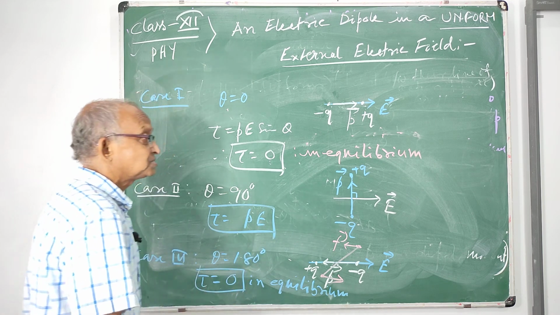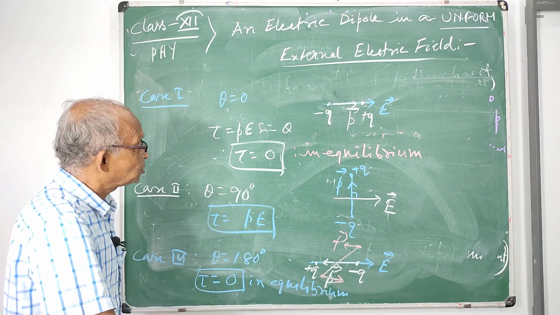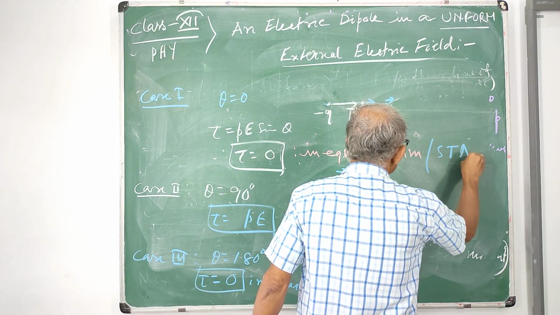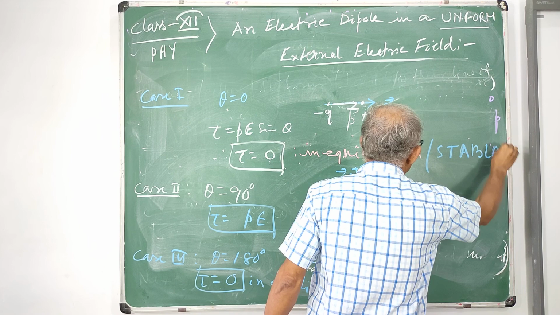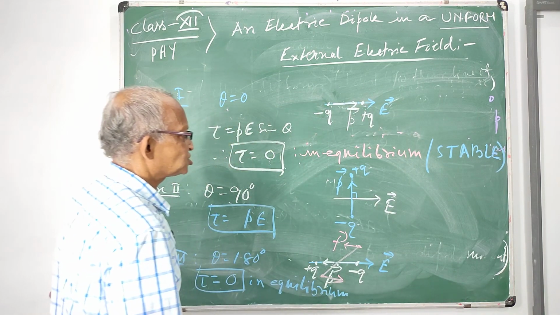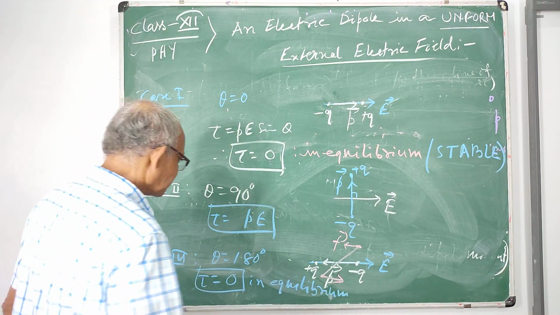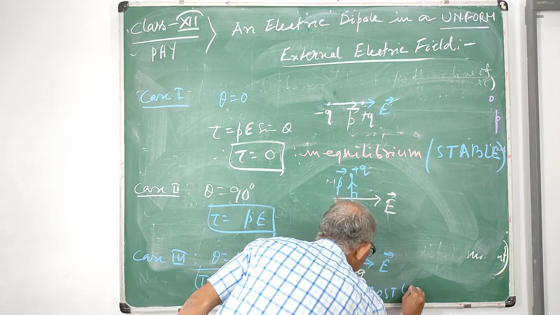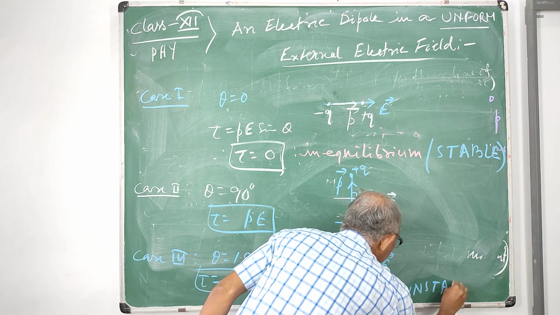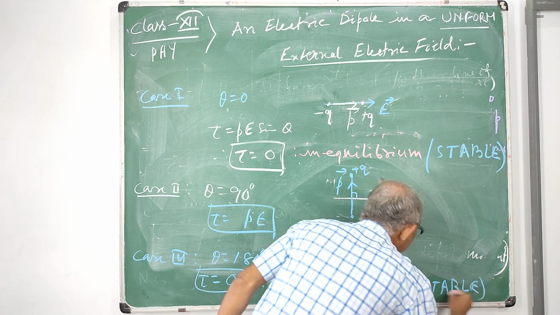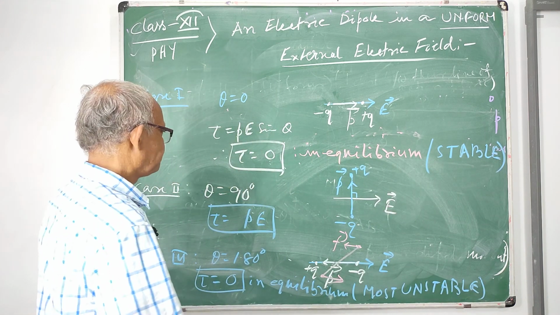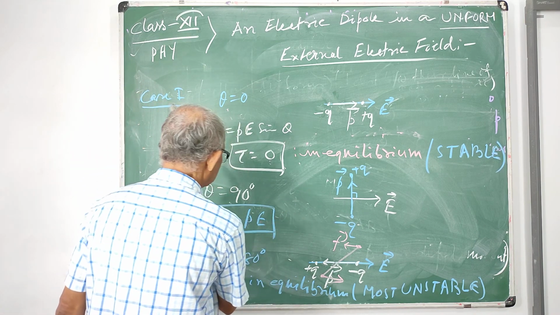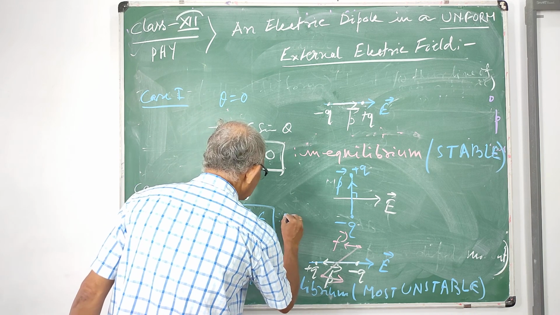But there is a difference from the point of view of equilibrium. This is stable, most stable, and this is most unstable. And obviously this is unstable. Tau is P, so here the equilibrium is unstable.